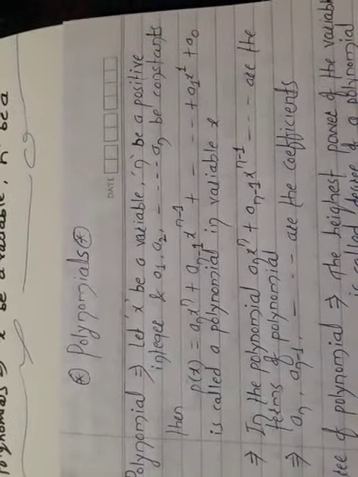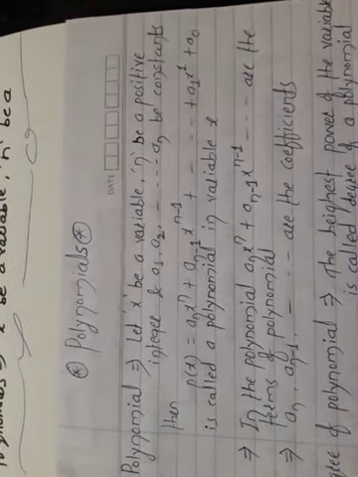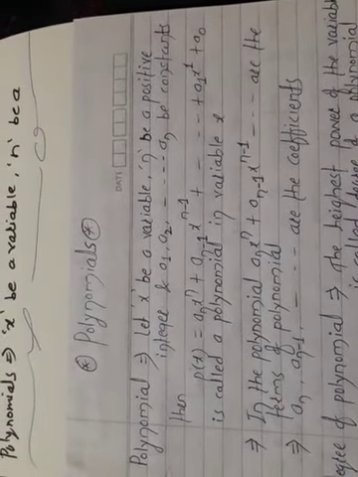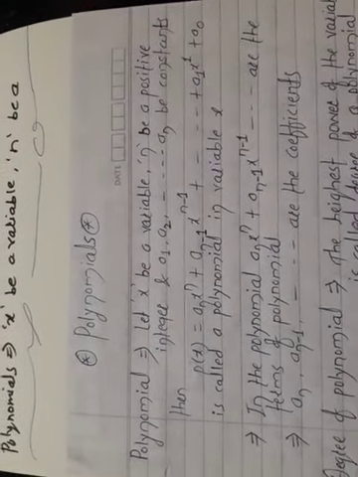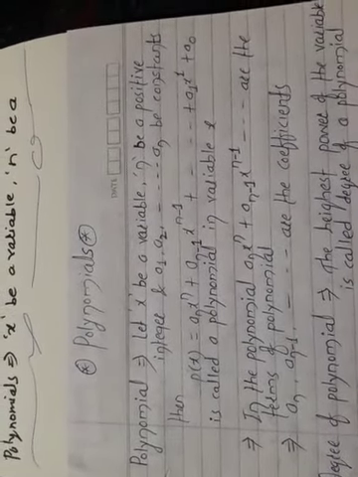In the polynomial, an x raised to n plus an minus 1 x raised to n minus 1 are the terms of the polynomial. Then an, an minus 1, look here, I am talking about this, are the coefficients.